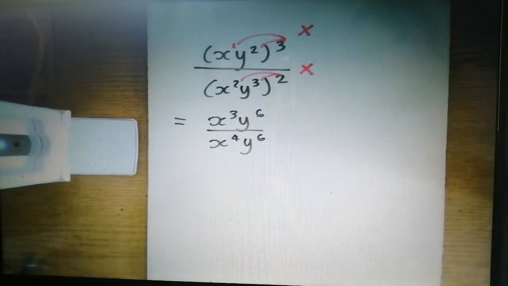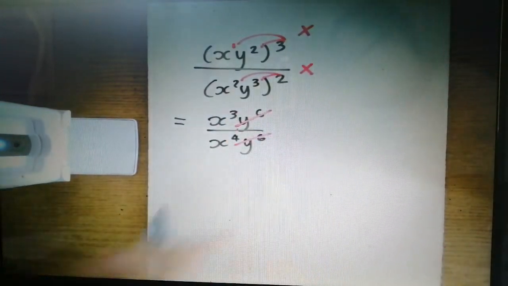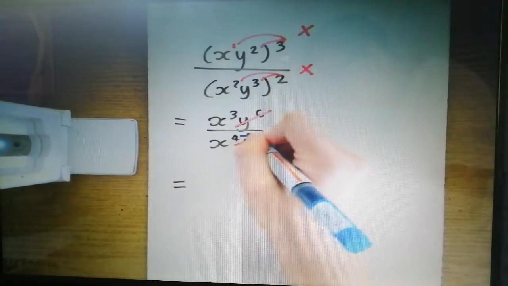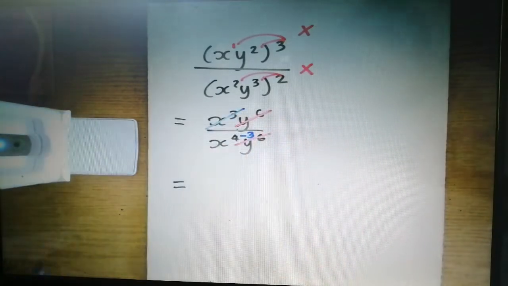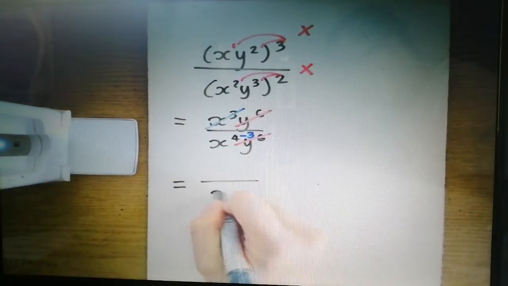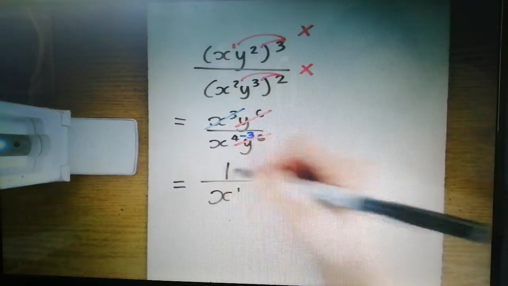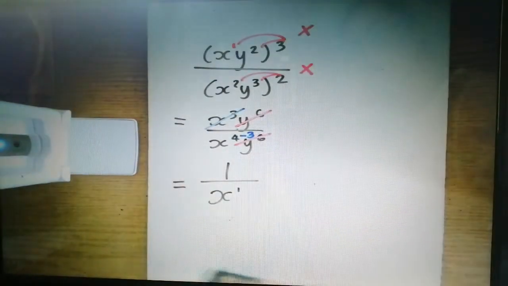Monomial over monomial, I can cancel things that look exactly the same. And what do I do with this x cubed and the x to the 4? I move the smaller to the bigger. The cubed is smaller, so I move it down, and my subtraction happens there because I'm dividing. That cancels. So in my denominator, I have x to the power of 1. You obviously don't have to put that 1 in. What's at the top? A 1, not a 0, please. This is all grade 9 stuff.